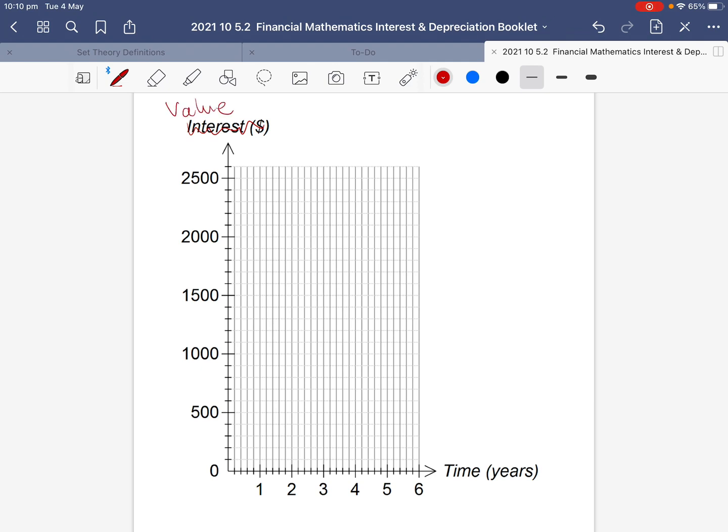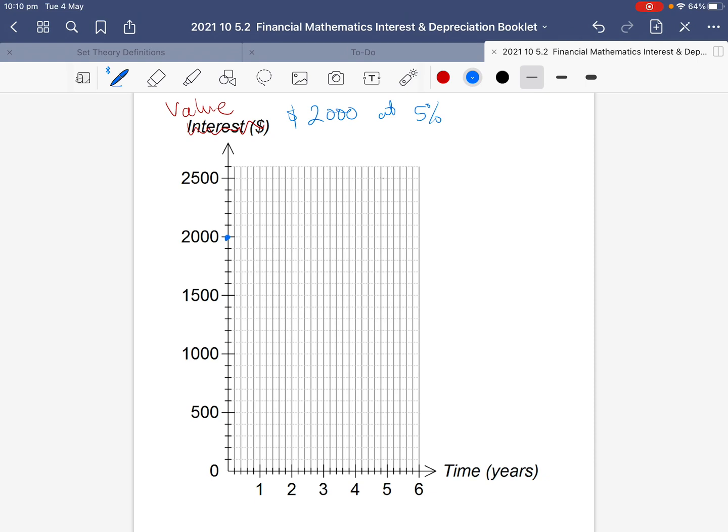So if we were investing the $2,000 at 5%, what would the value of the investment be? Well, it'll be whatever we started with, $2,000, plus all the interest we earned. And so after 5 years, we found that we'd earned $500.